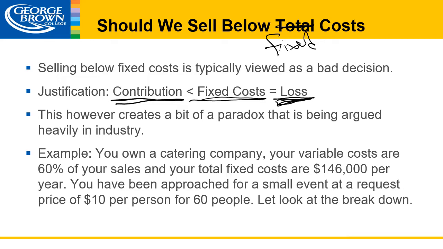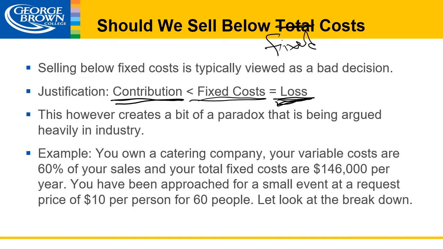And this is very true in many contexts. However, in our industry, it can be argued a little bit, okay? So our industry is a little bit different, where in some cases it could be financially better to sell below fixed costs, okay? For an example, you own a catering company.